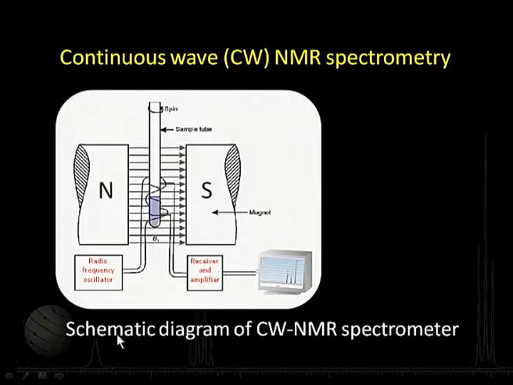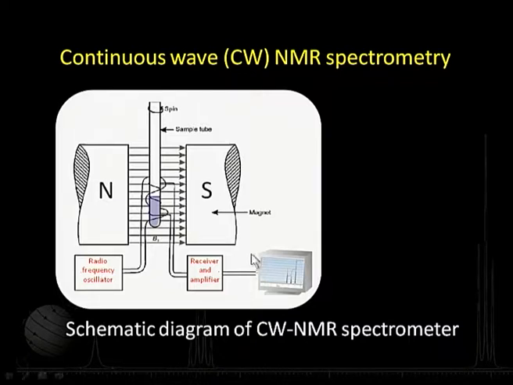Now, typically an NMR spectrometer consists of the following components. You have a permanent magnet, which is shown here by two poles, north and south pole. Then you have a radio frequency oscillator, a source of EM radiation, which will be generating radio frequency for us.